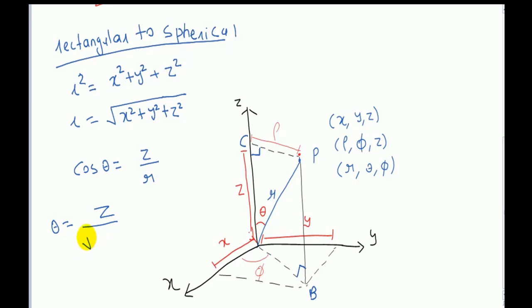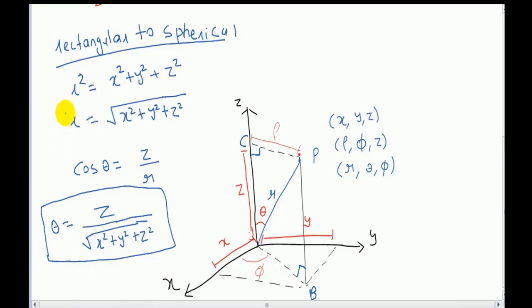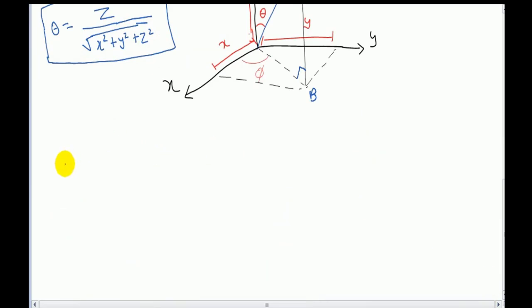So cos theta equals z divided by R, where R is under root of x square plus y square plus z square. So this is the value of theta, and this is the value of R. And we have already related phi in terms of x and y in the cylindrical coordinate system, so it will be similar here also.